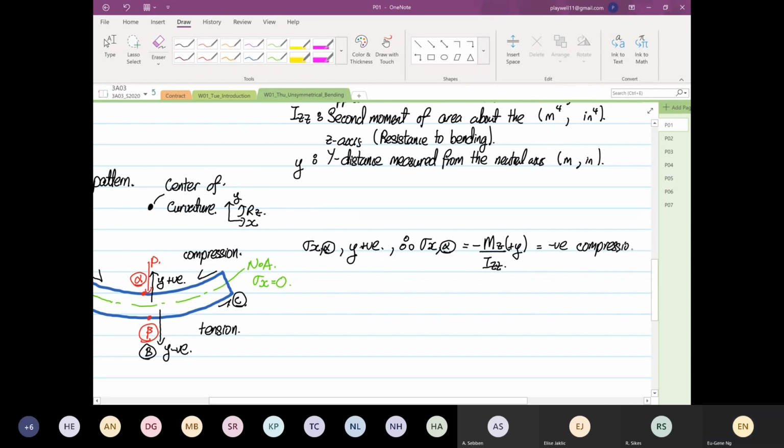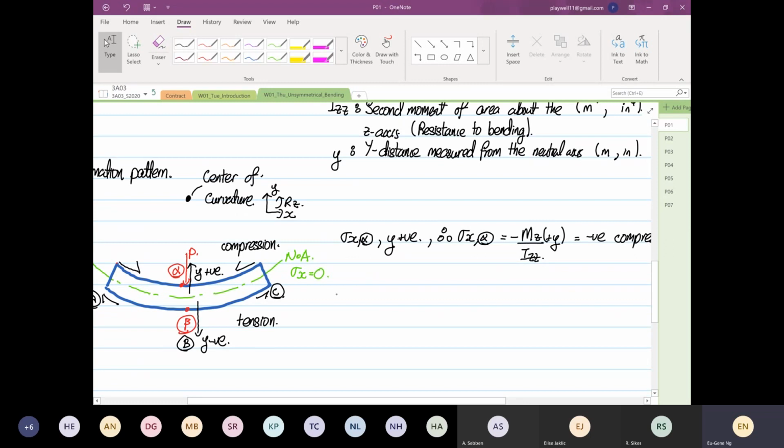Right? So if we find stress X at point beta, now the y value, because the beta point from the neutral axis is going away from the center of curvature, y is equal to a negative. So therefore, stress X beta is equal to minus Mz multiplied by minus y over Izz.